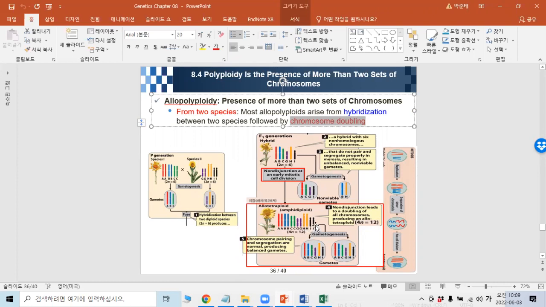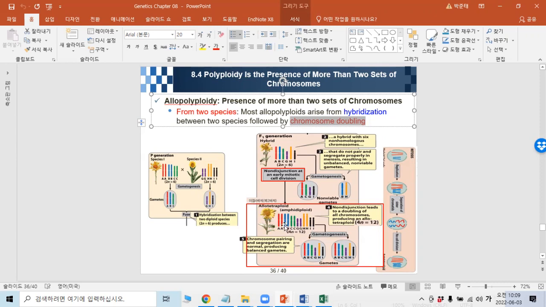Their total number of chromosomes is 12, so we call it 4n equals 12, and this is the gamete. In this case, 4n is 12, and we call it an allotetraploid.